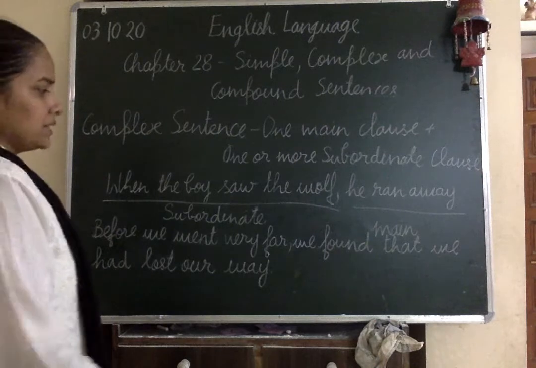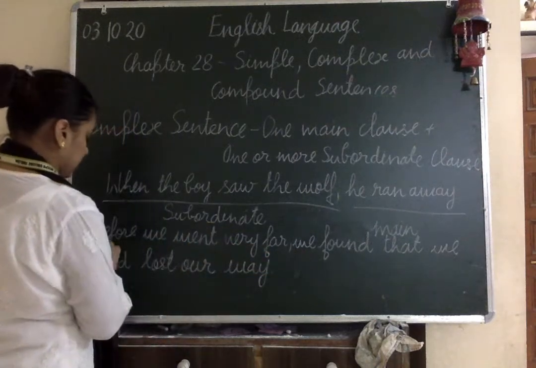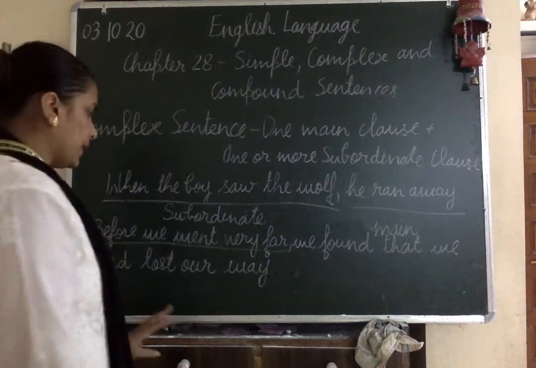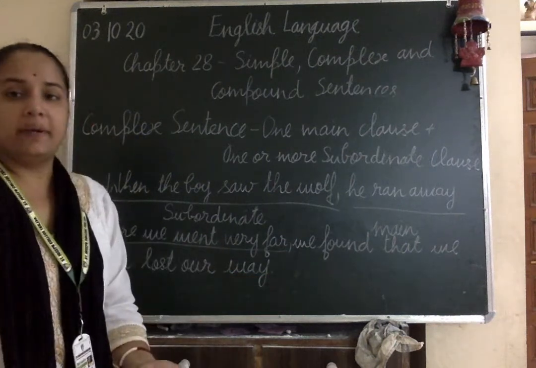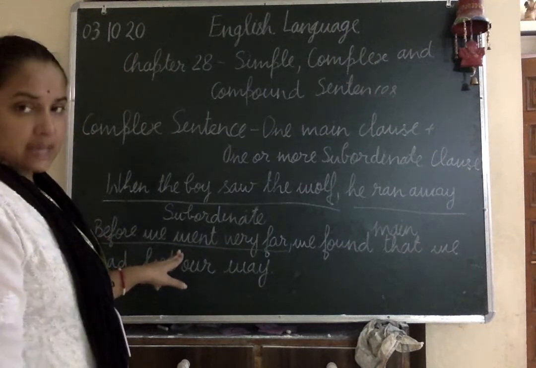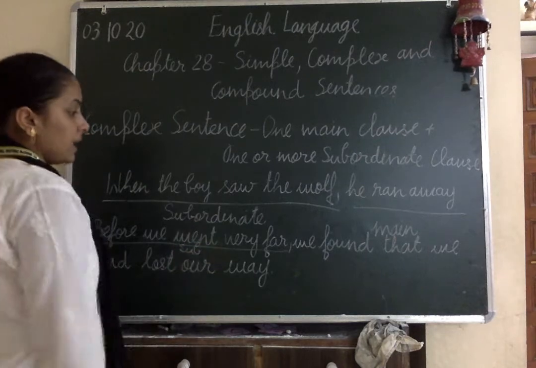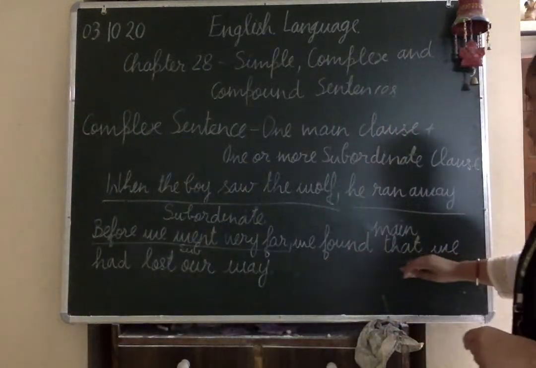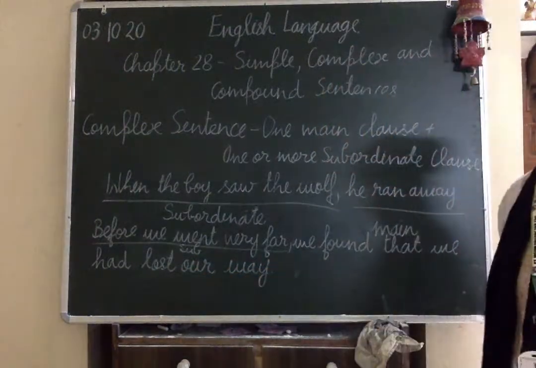Now here in this sentence, before we went very far, this much is the subordinate clause. You can easily find out because before we went very far, so what happened? The question arises, that's why this is the subordinate clause. Now the next piece of the sentence is we found that we had lost our way.